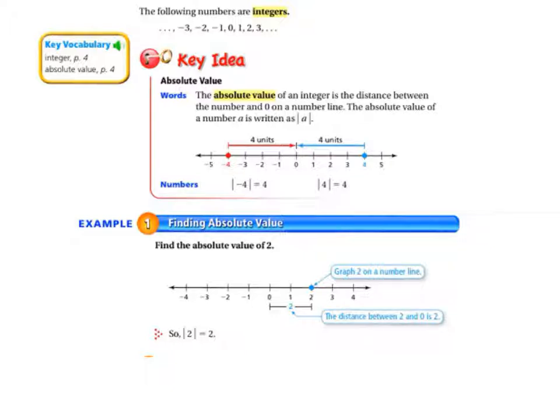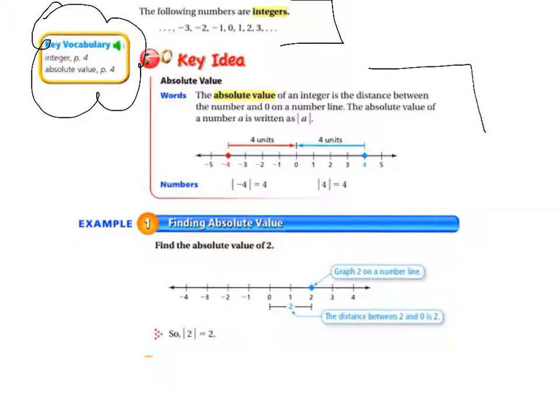At the top of the page, it has our key vocabulary, which is the vocabulary that you wrote down yesterday during your activity. And it gives some examples of integers at the top, and then it tells us again what the absolute value is. So as a reminder, the absolute value of an integer is the distance between the number and 0 on a number line.